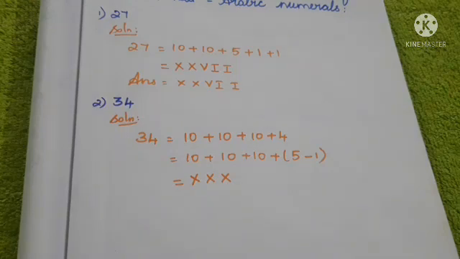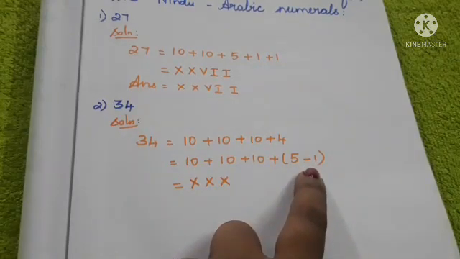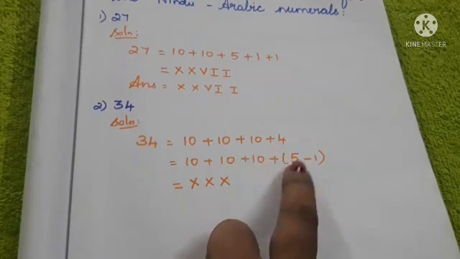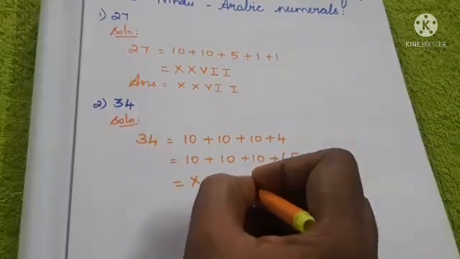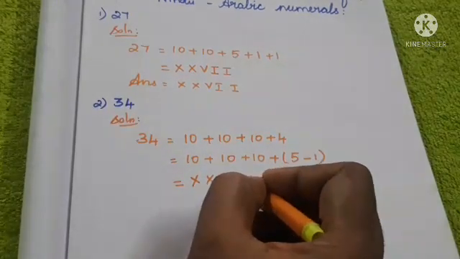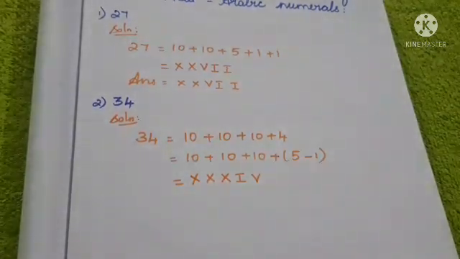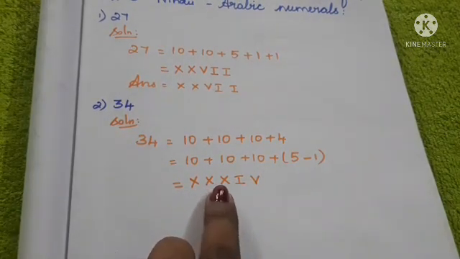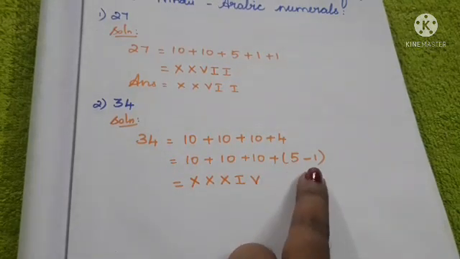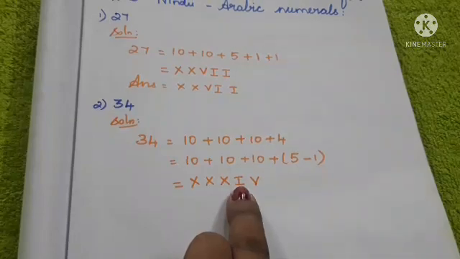What is the second rule? For subtraction, we have to write the smaller numeral first, then the bigger numeral. So 1 is I, and 5 is V. So 10 is X, then 10 is X again, X. Then for the subtraction, we always write the smaller numeral at the left side of the larger numeral.